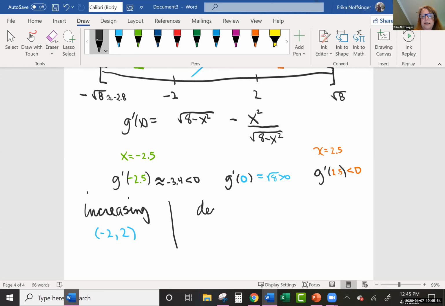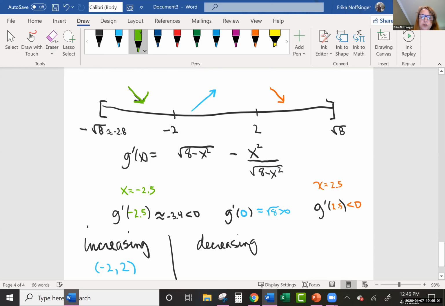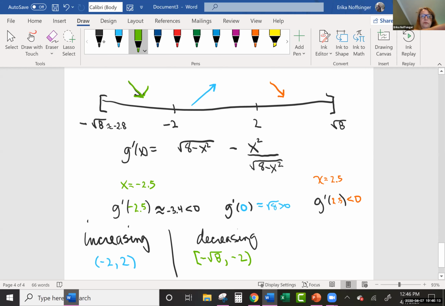It's decreasing between, it's including the endpoint negative square root of 8, comma, negative 2, but we don't include where it changes direction. Oops, union.